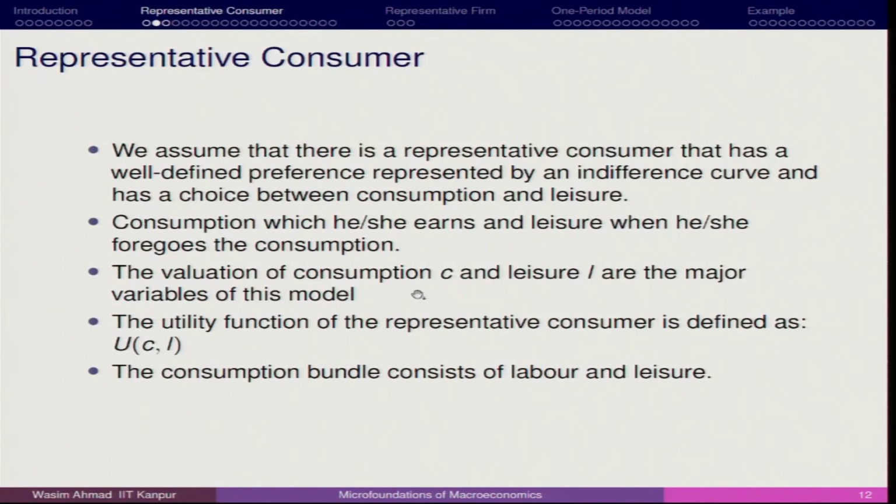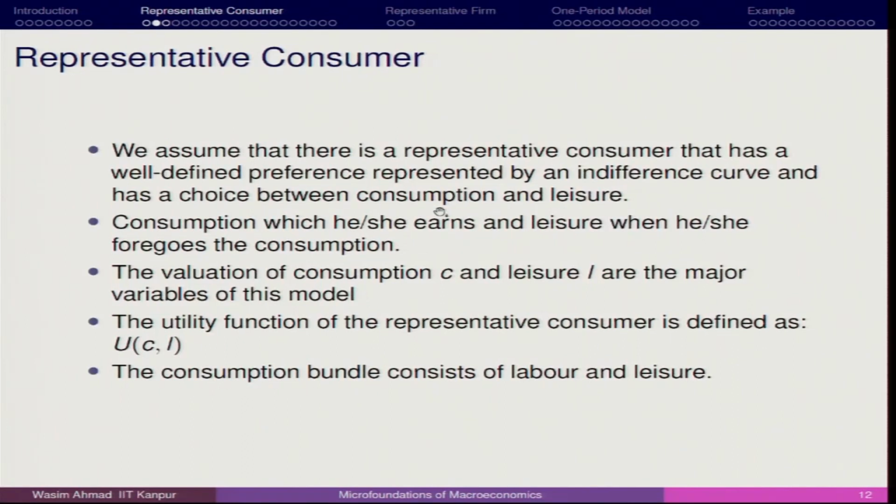The consumption, which we represent by C, and leisure, L, are the two important variables in this model. The utility function is U equal to U(C, L), and for the sake of simplicity we try to capture both labor and leisure in the consumption bundle of the representative consumer.